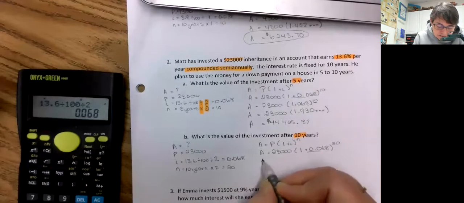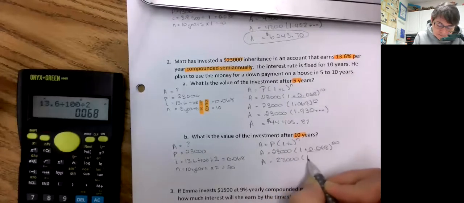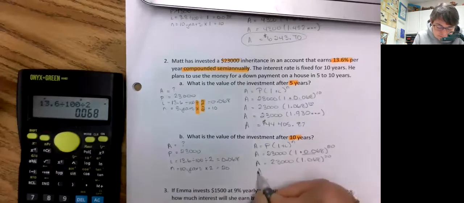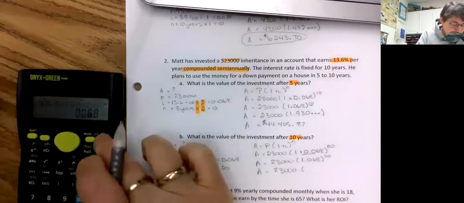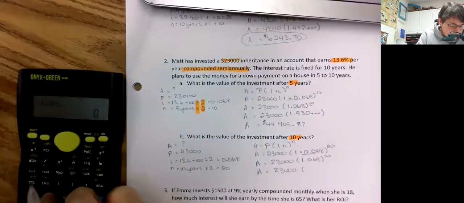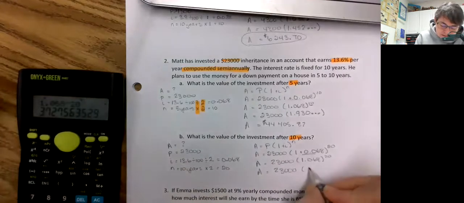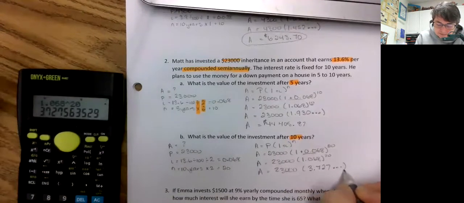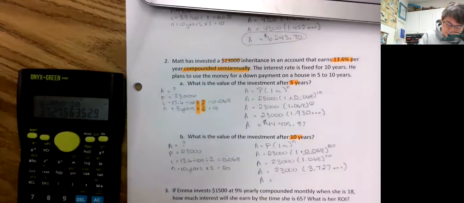So put those together. $1.068 to the 20th this time. Oh my. 3.727 times 23,000.